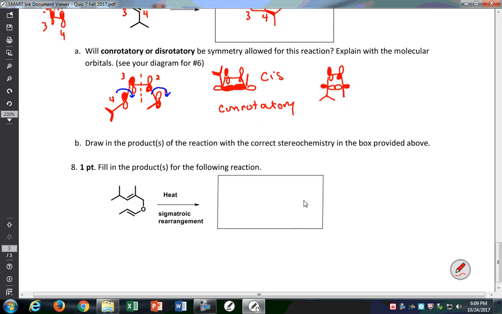Lastly, this is a sigmatropic rearrangement. So again, same mechanism, this cyclic mechanism. The easiest thing to do for this one is to number your 6. And what we did was form a new sigma bond.